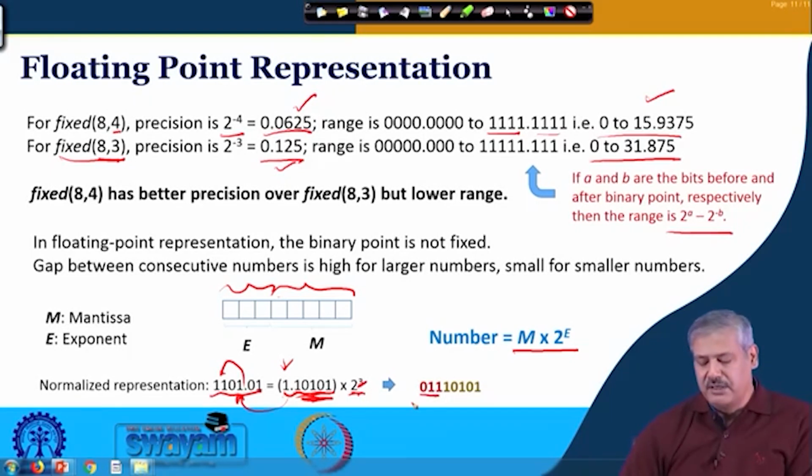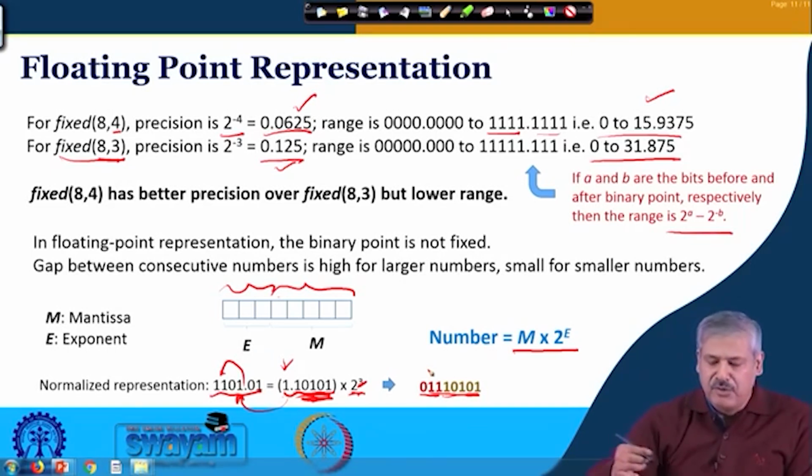So, this number will be stored in memory in the floating point representation as 011, where 011 is the exponent, that is 3 over here, and the fractional part with 1 in the left hand side, 10101. That is how it will be stored in the memory.